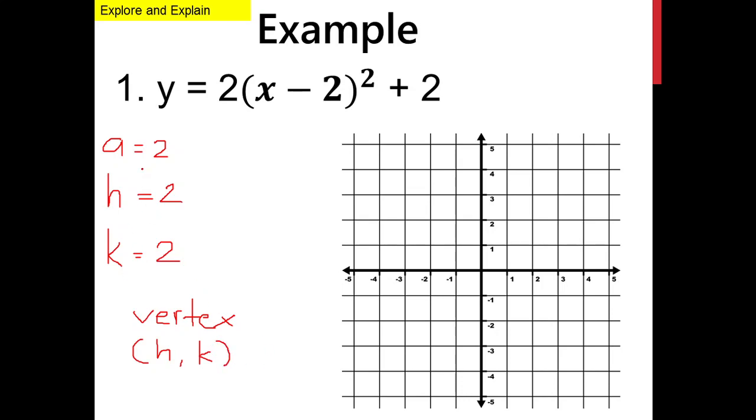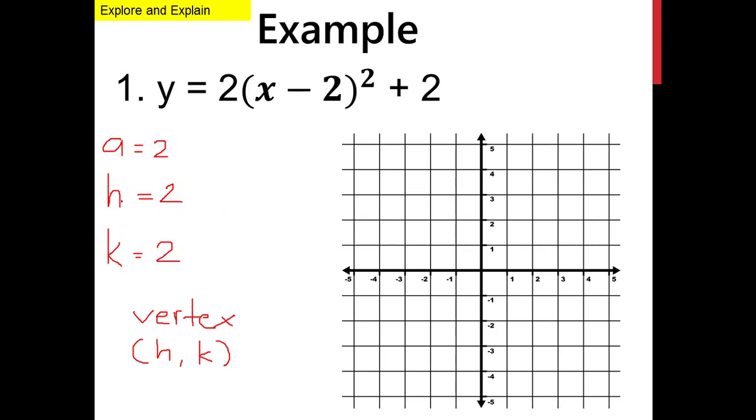So from here, we know that the opening of our graph is upward because a is positive, and since the absolute value of a is greater than 1, our graph appears to be a bit narrow or closer to the y-axis. So first, let's locate the turning point of the graph.